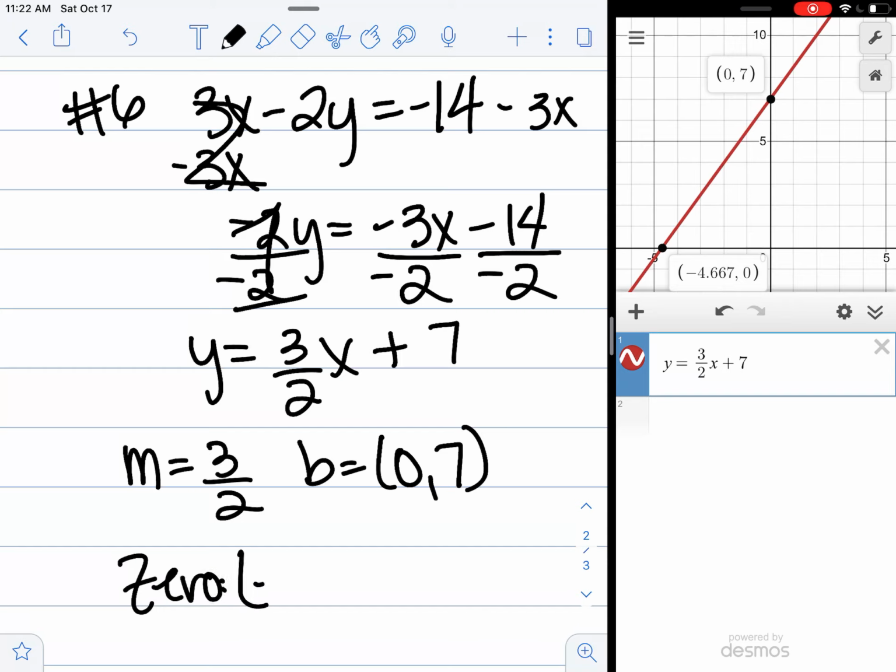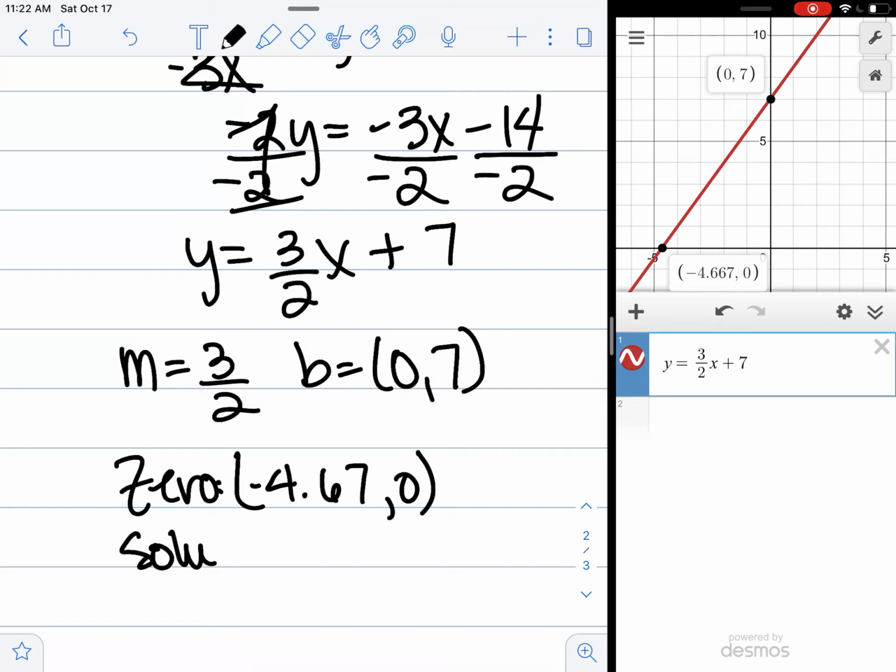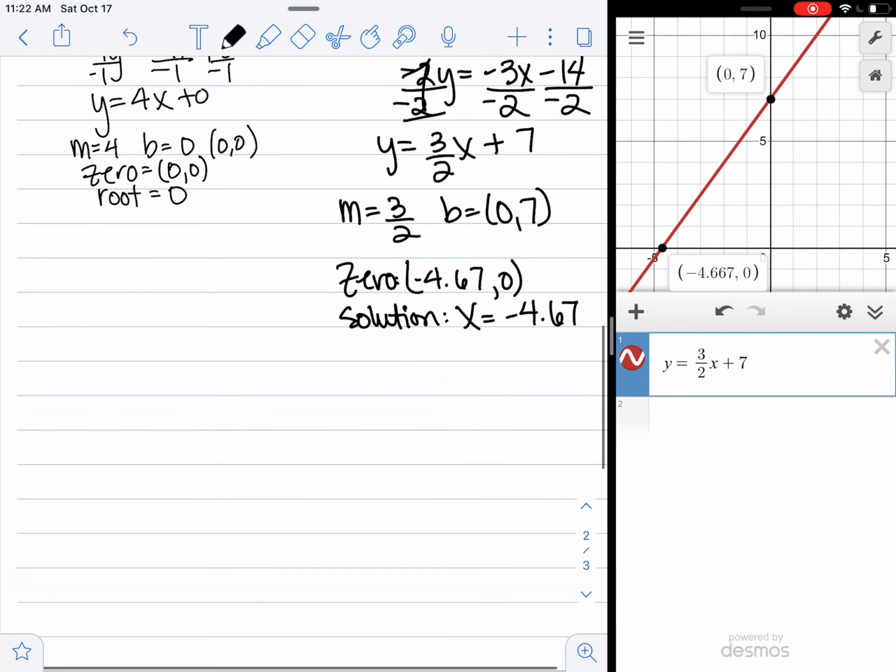It's negative 4.67, 0. I'm going to just round to the nearest hundredths. If we were writing this as a solution, then it would be x equals negative 4.67. All right, next one.